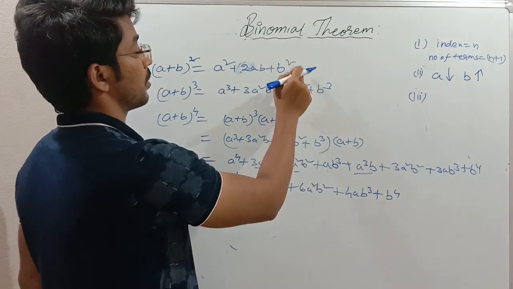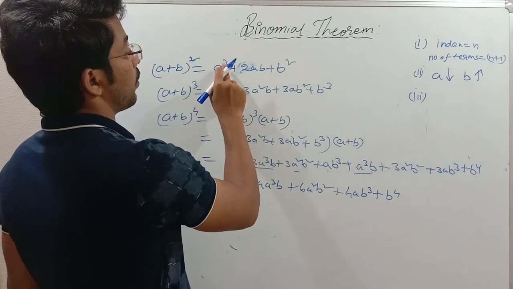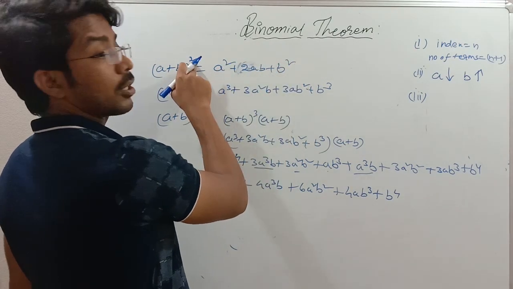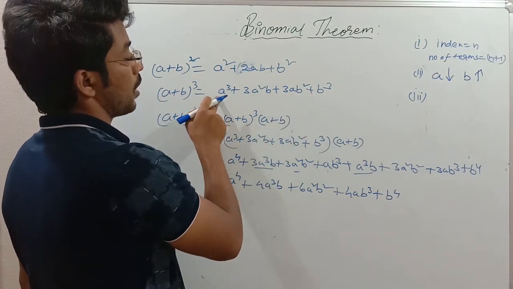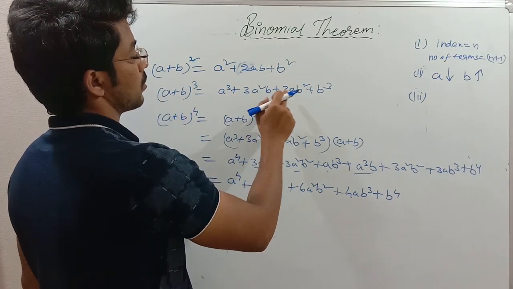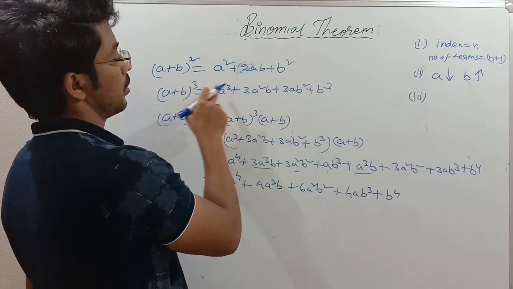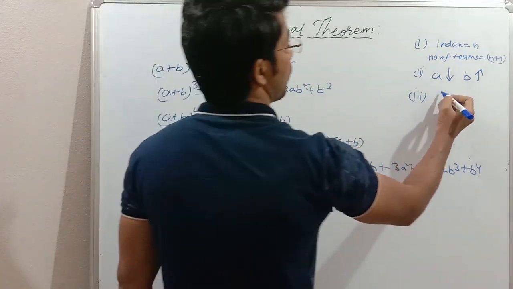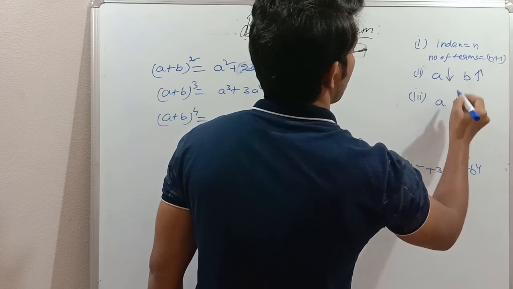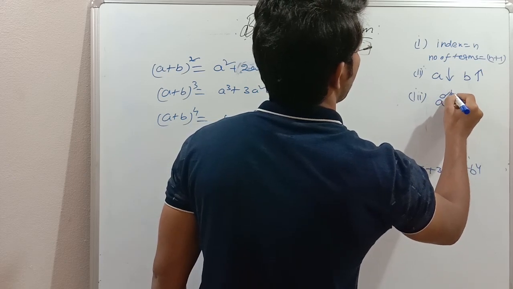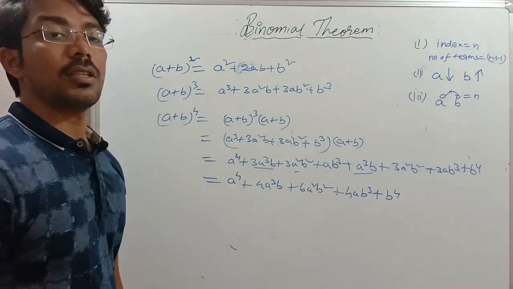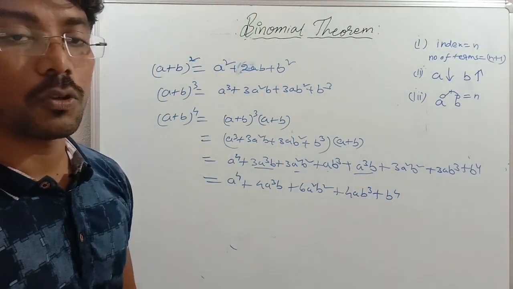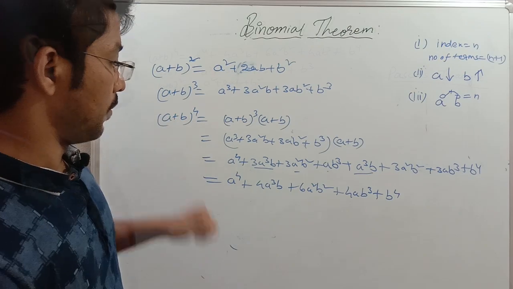If you observe the similarity, the total power is 2, which is equal to the index of (a plus b) whole square. Here also the sum of the powers of each term is 3. So if I add the powers of the terms, we get n as the index. So these are the three important things that we have to observe here.